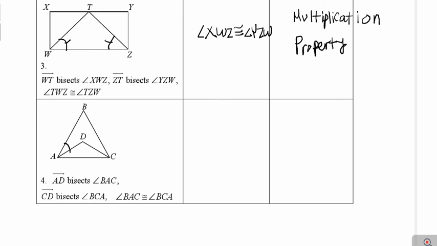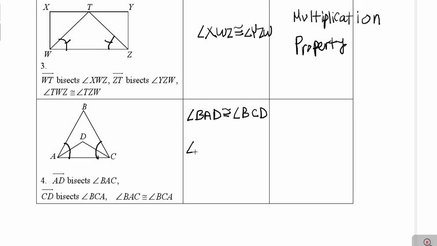Now this last example again has the word bisects twice. AD bisects angle BAC and CD bisects angle BCA. We are also given that angle BAC is congruent to angle BCA. We cannot make those angles any larger, but we know the four smaller angles are therefore congruent since they're both being bisected.